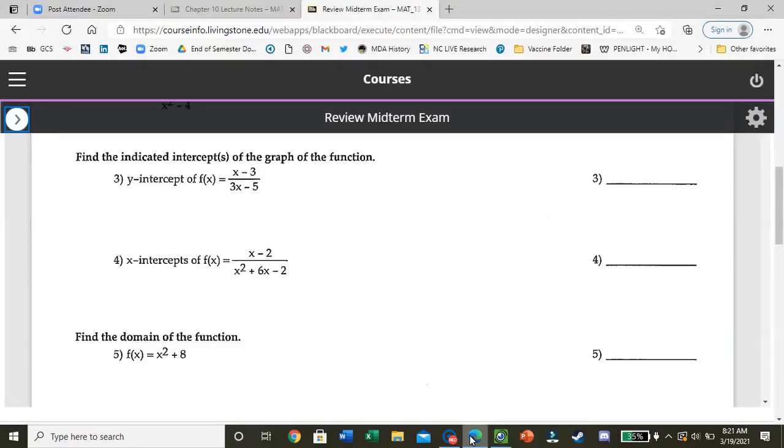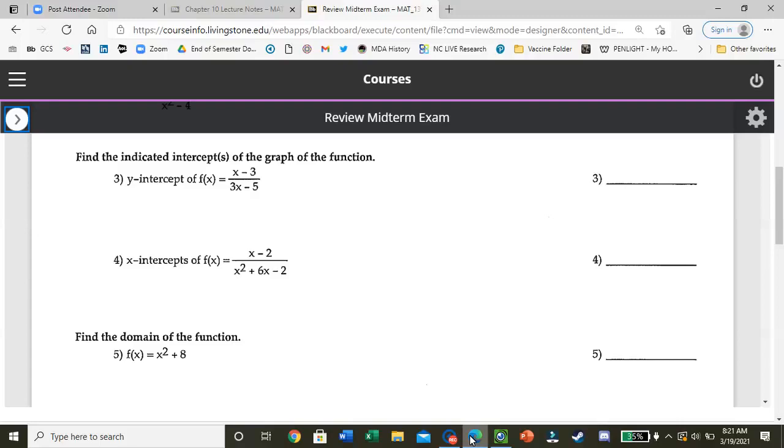The y-intercept is the easiest one to find, because really all you have to do is cover up the x's, and what's left over is your y-intercept. Yeah, so in other words, you're putting 0 where the x's are, right?